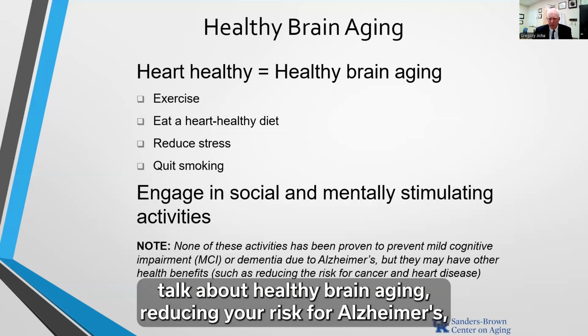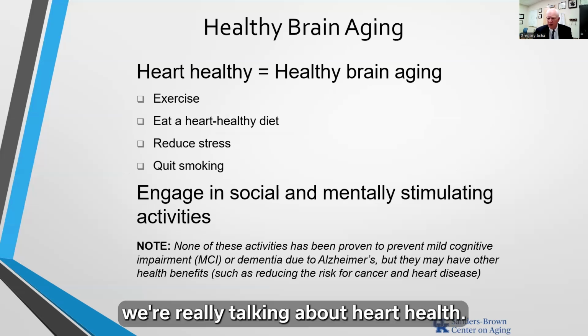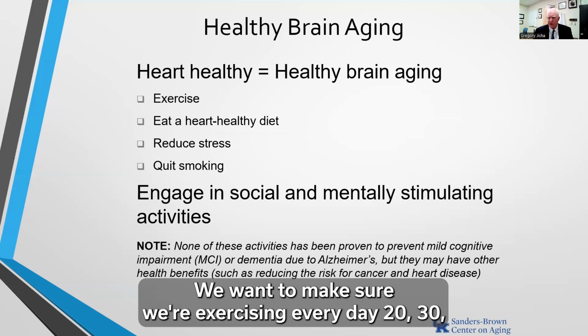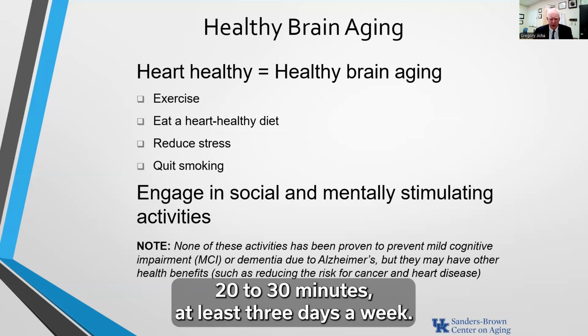So when we talk about healthy brain aging, reducing your risk for Alzheimer's, we're really talking about heart health. Heart health is brain health. For all intents and purposes, we want to make sure we're exercising every day, 20 to 30 minutes, at least 3 days a week.